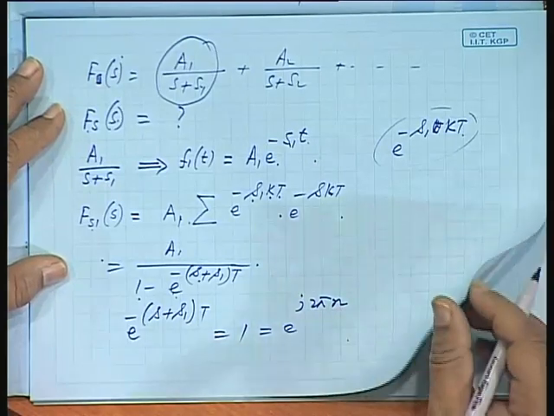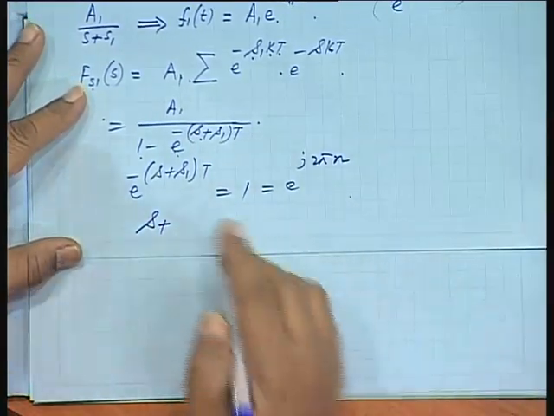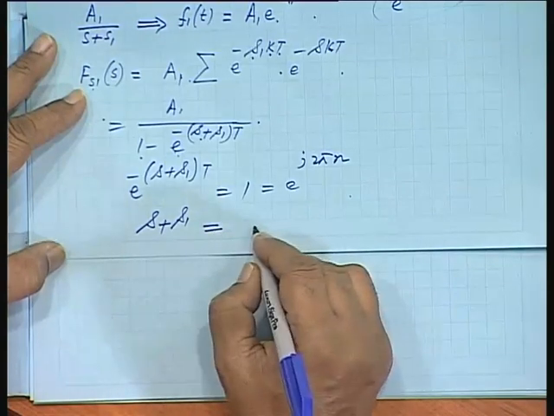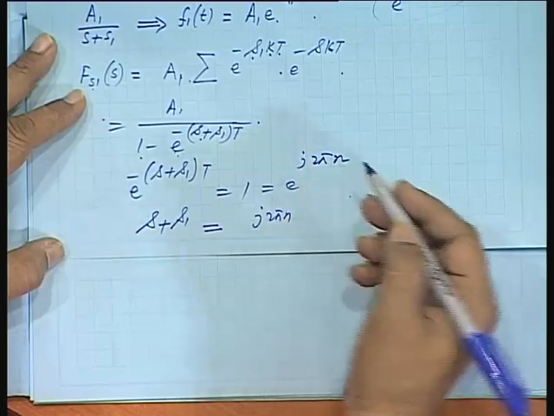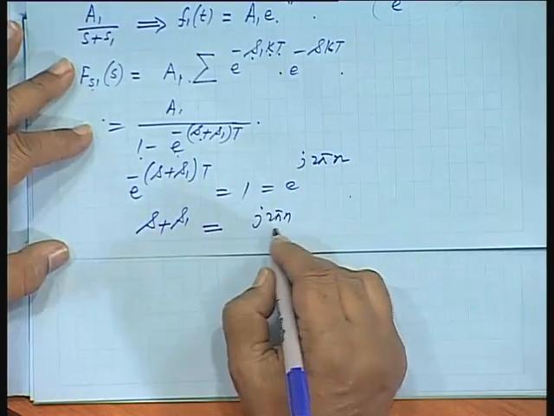So, equate this to, so S plus S1 is basically j 2 pi n by t. Actually plus or minus is immaterial because I can always take negative integers also.